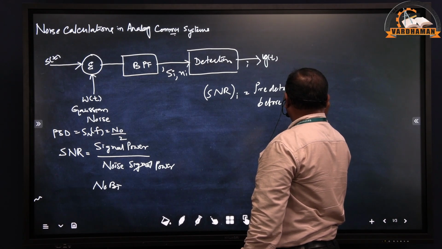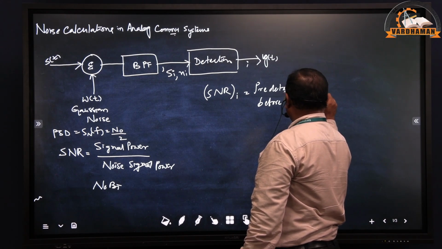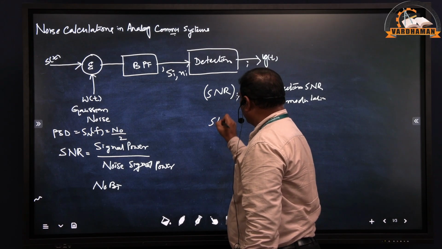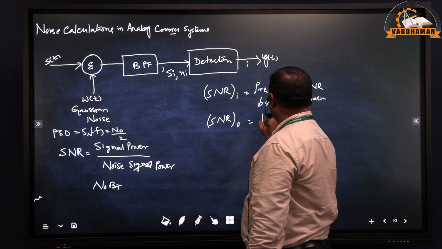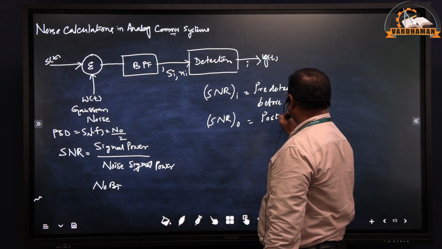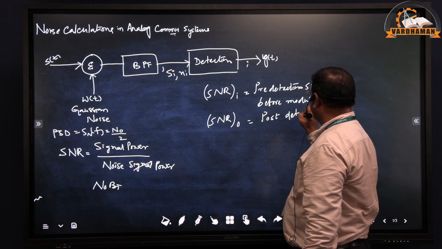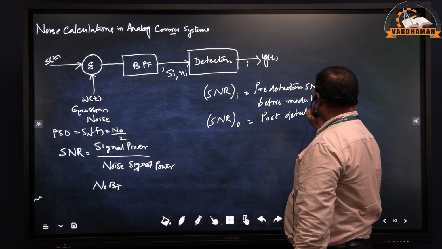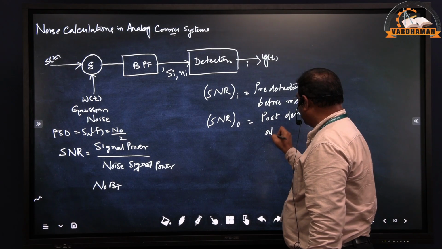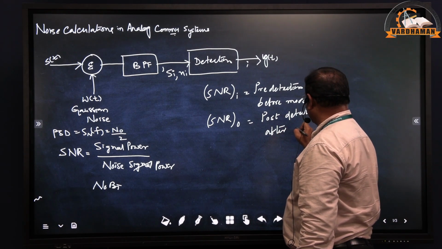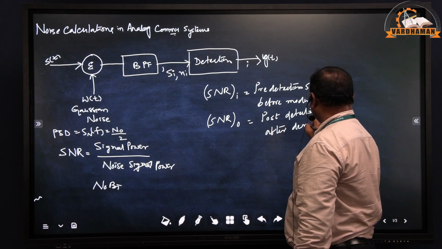Then another type of SNR is the output SNR. Another name for the output SNR is the post detection SNR. This will be calculated after demodulation.